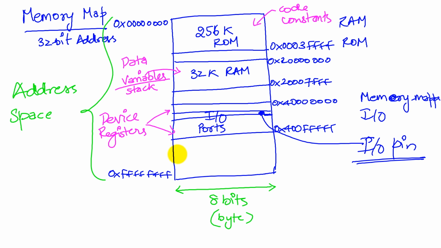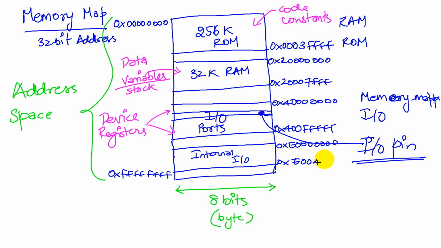And there is more I/O, which is the internal I/O, as opposed to the external ones that have something to do with external registers, external devices of some kind. This starts from 0xE0000000 and goes all the way up to 0xE004FFFF.